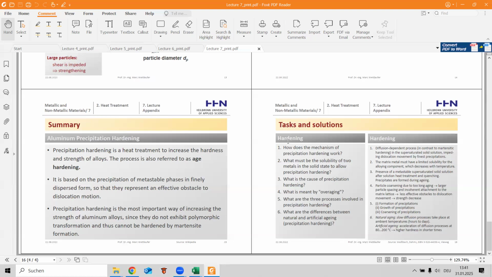Precipitates are formed during aging. What is meant by over-aging? Particles coarsening due to too long aging. Large particle spacing and incoherent attachment to the matrix lattice, so it's a less effective obstacle to dislocation movement, so the resistance decreases.